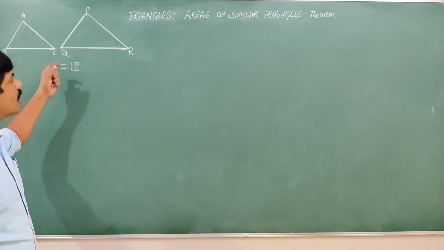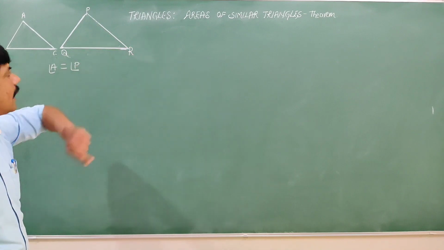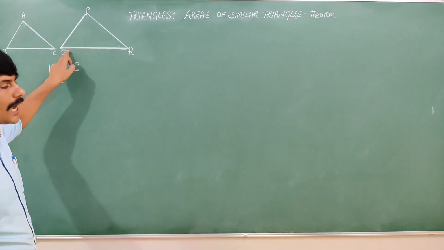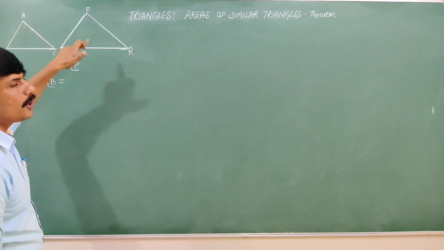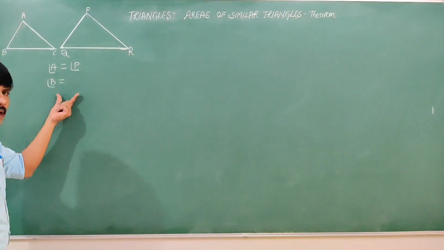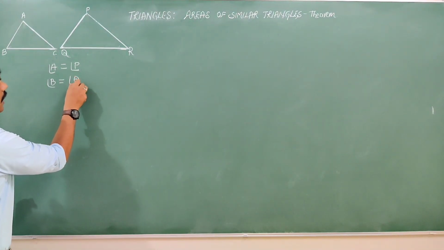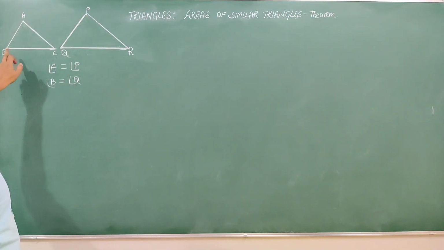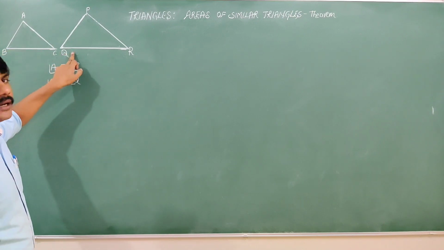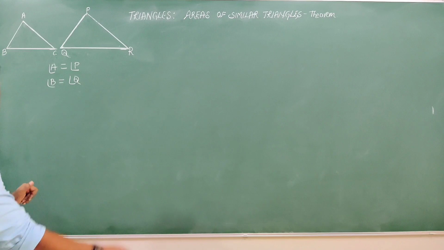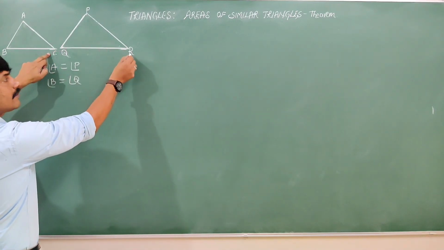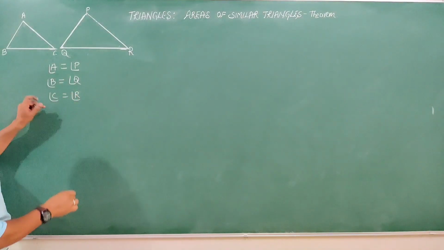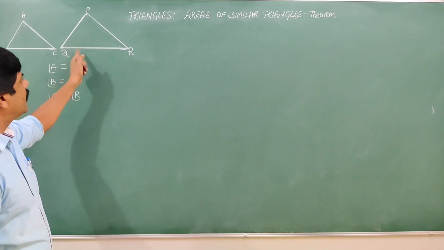Why is angle A equal to angle P? Because corresponding angles have the same value. Then angle B and angle Q of triangles ABC and PQR are corresponding angles, so they must be equal. Angle B is equal to angle Q. If angle A equals angle P and angle B equals angle Q, then angle C must be equal to angle R. Angle C of triangle ABC and angle R of triangle PQR are equal.